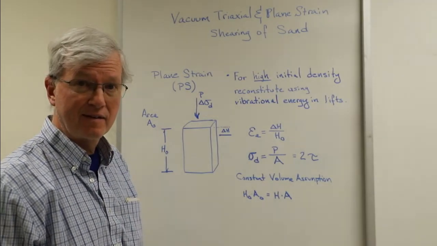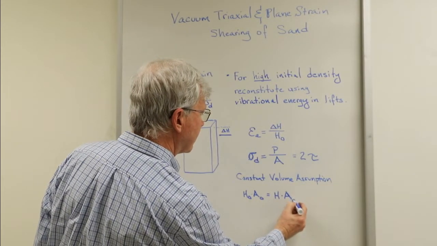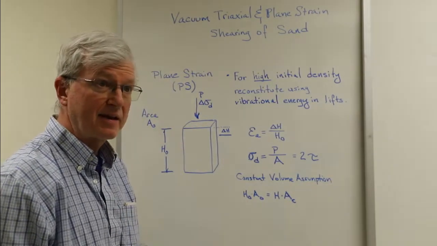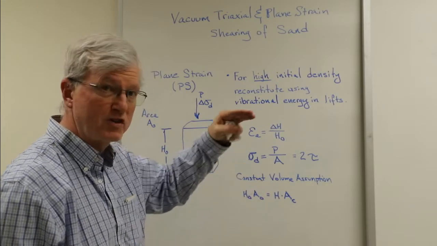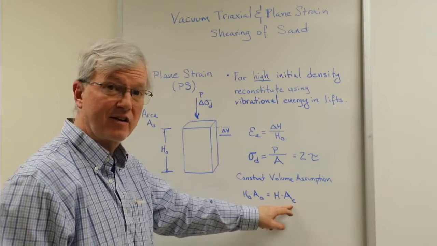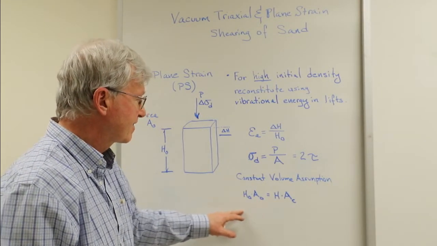Throughout the test. And so basically we call this a corrected area, A sub C. And at every stage along the test, as the sample gets progressively shorter, H becomes shorter and shorter, this corrected area gets larger and larger, and it does so satisfying this condition.